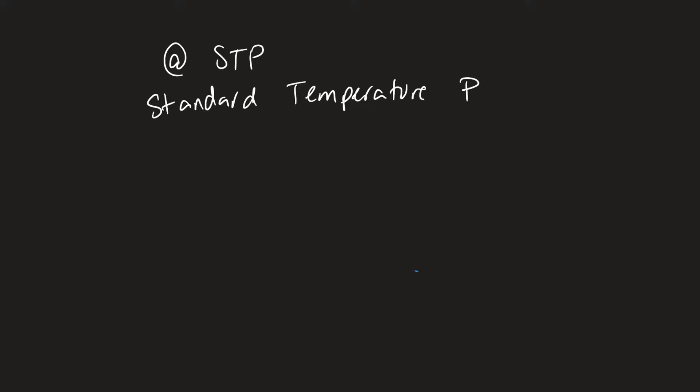So at STP, or standard temperature and pressure, you are at a very specific temperature and a very specific pressure. The temperature has to be 0 degrees Celsius or 273 Kelvin, and the pressure is 1 atm or 760 millimeters mercury.